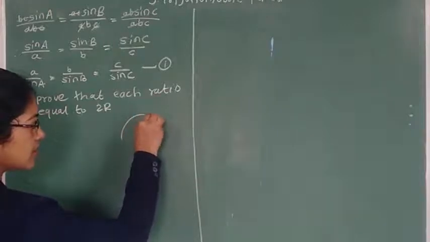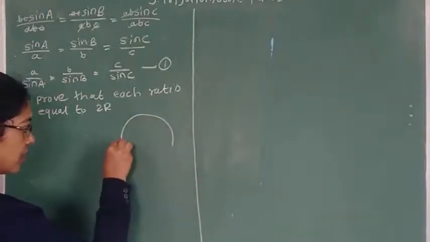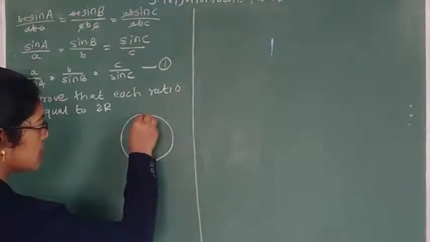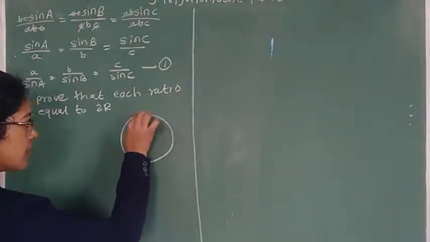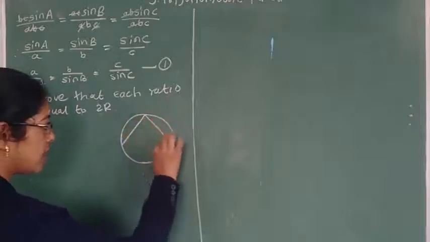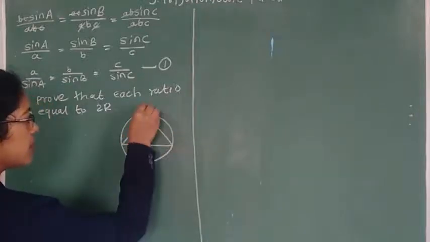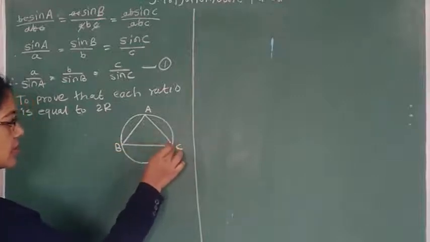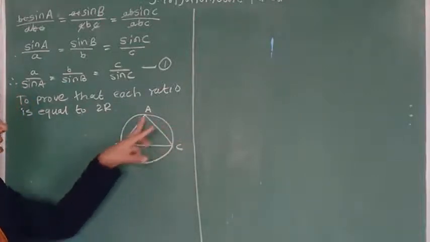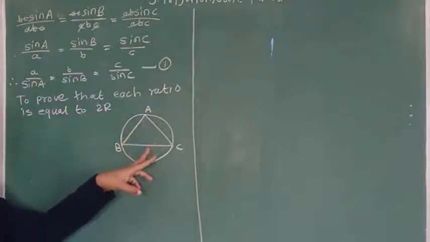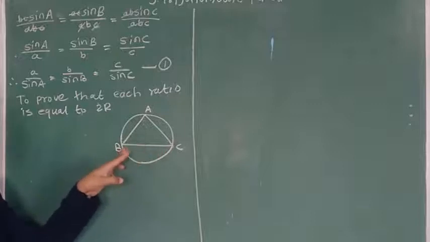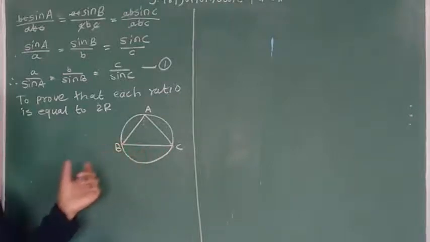We know that the sum of the angles of a triangle is 180 degrees. I draw a diagram. This is the circle and this is triangle ABC. Sum of the angles of this triangle is 180 degrees. Suppose at least one angle is not a right angle.